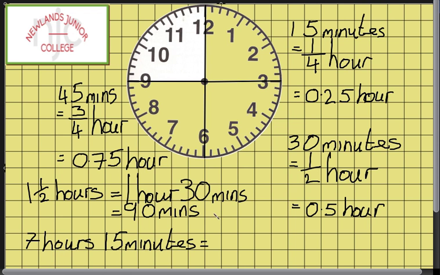And can you give that as a fraction, as a mixed number, and as a decimal? Okay, so as a mixed number, giving us 7 hours 15 minutes just in hours, that's going to be 7 and 1/4 hours, and as a decimal, that's going to be 7.25 hours.